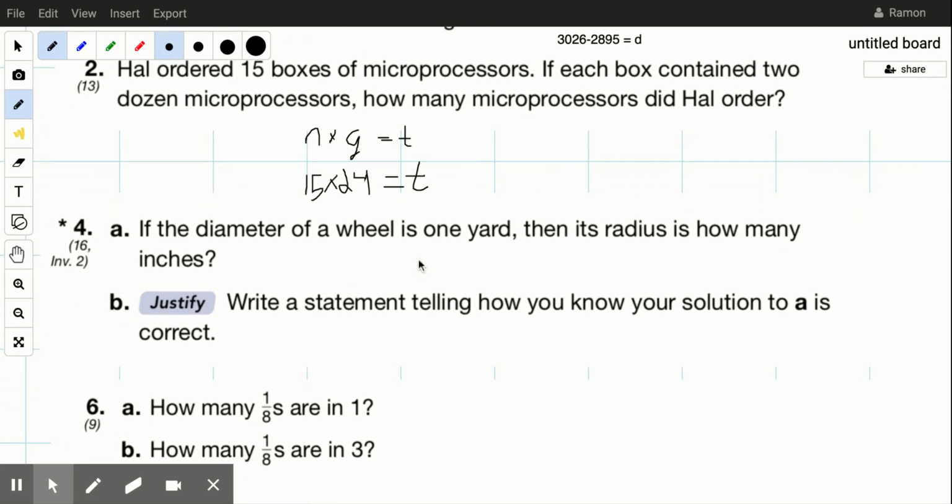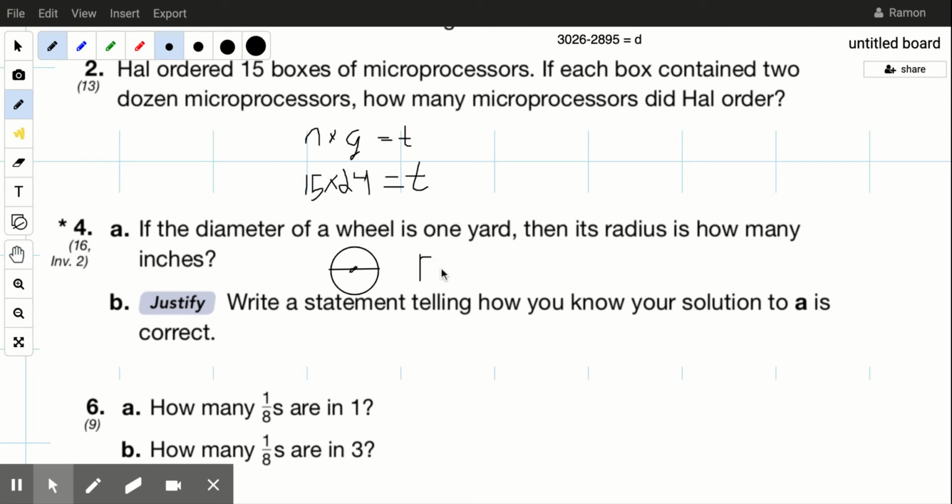For A, if the diameter of a wheel is 1 yard, so if we have a circle shape and the diameter is 1 yard across, then the radius is how many inches? What we have to take from this is that the diameter is a whole yard.